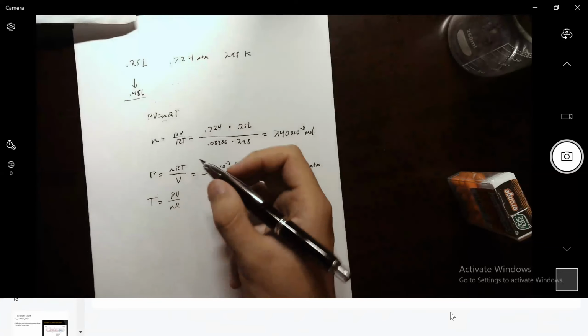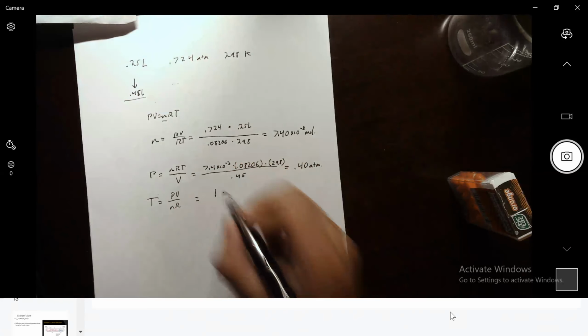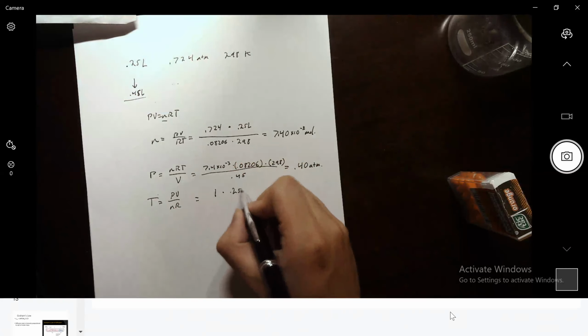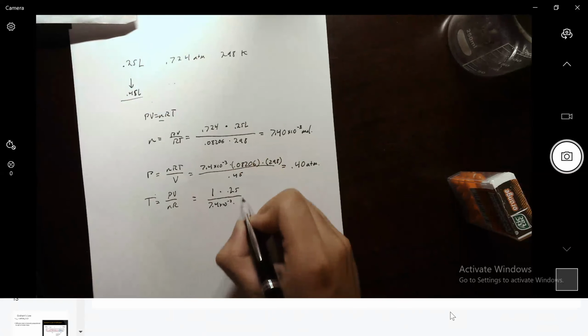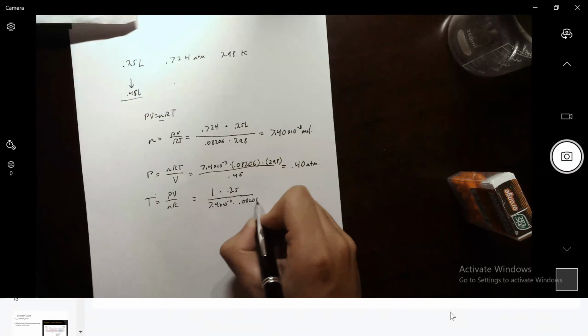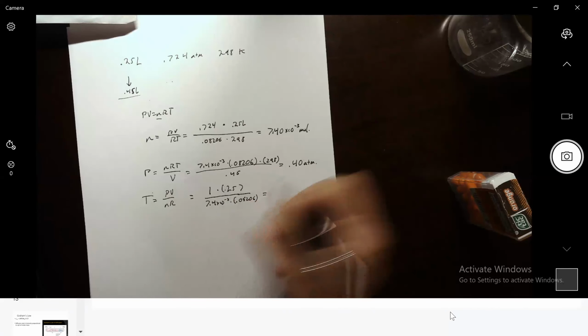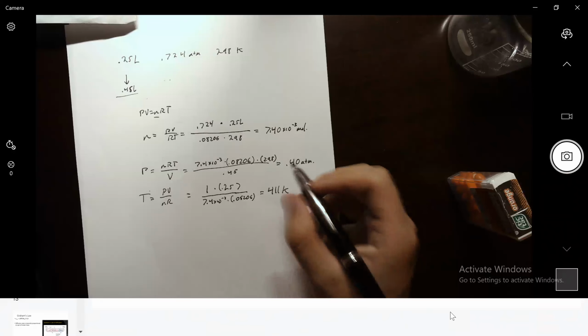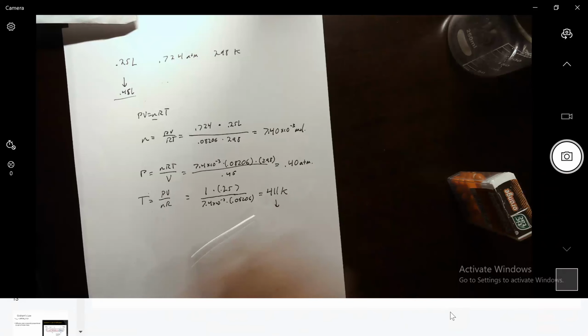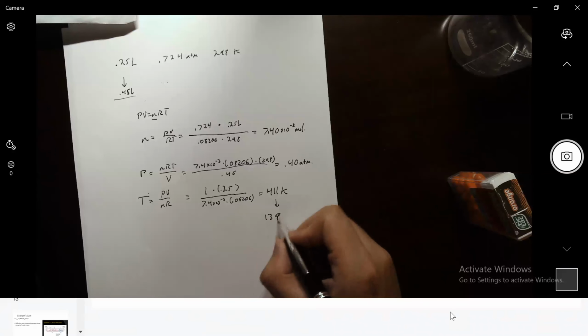We want to increase the pressure to 1 atmosphere, so T equals 1 times the volume divided by n times 0.08206. And this equals... and then to convert to Celsius, we just subtract 273. So 139 Celsius.